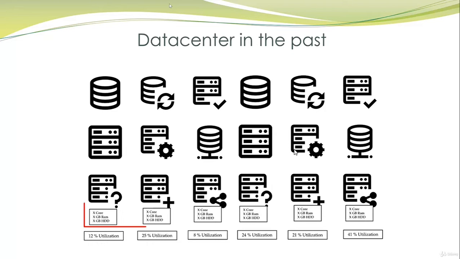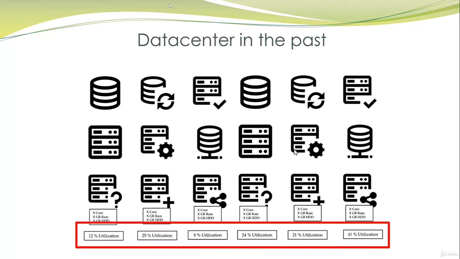Each one of those servers had its own CPU, RAM, and hard drive resources, and each one of them needed enough resources for utilization at peak time. But what this did is that on average, most servers were really underutilized. And organizations were spending a ton of money on hardware that most of the time was not even used at 10% of its capacity.